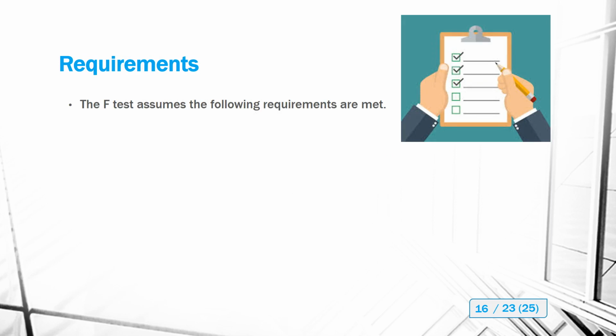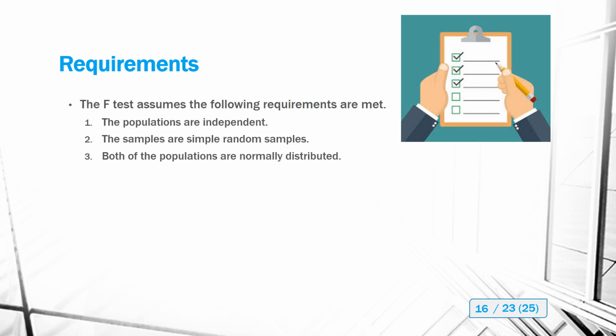So, requirements for the F-test. The first one is that the populations are independent. Second, simple random samples. So far we've seen pretty much standard fare. Both the populations must be normally distributed. This is a pretty strict requirement. We saw this before in Chapter 8 with the chi-square distribution, testing one population variance or standard deviation against a claimed value.